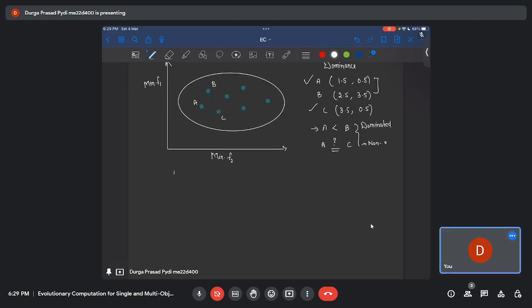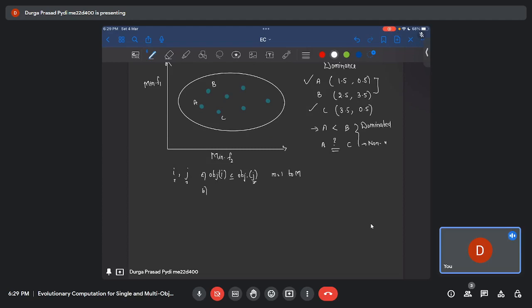Let me put it formally. You have two solutions i and j. We are saying i should be better than or equal to j. For us, in a minimization problem, the objective value of i should be less than or equal to the objective value of j, and this should happen for all the objective functions, m equal to 1 to M. This is the first condition.